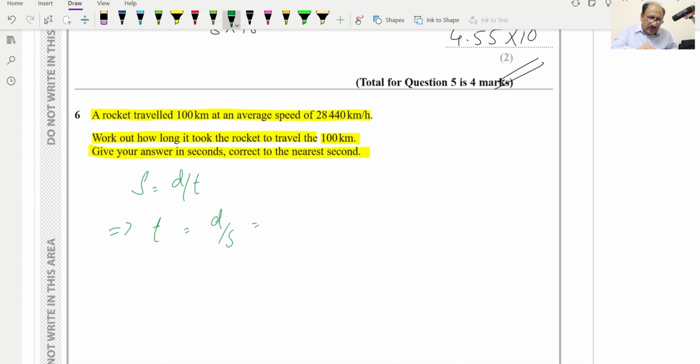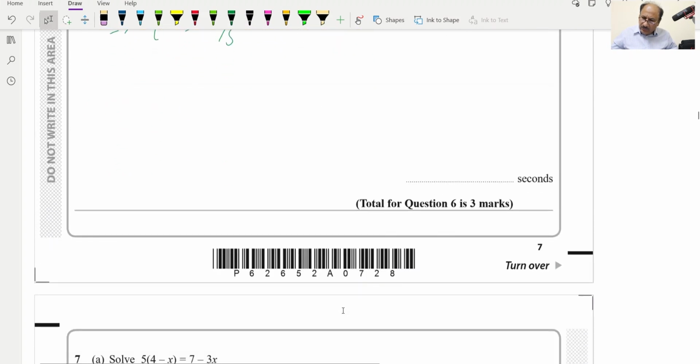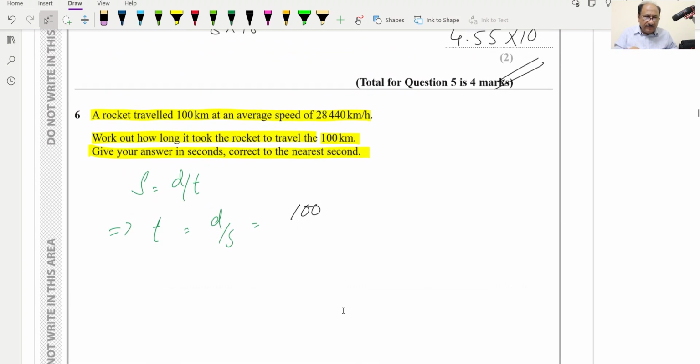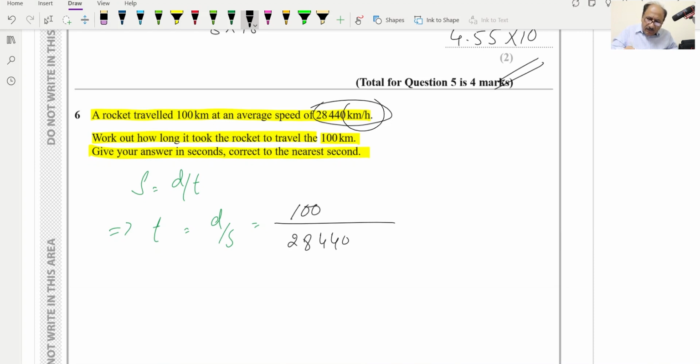Now distance we can write as 100 kilometers. We need the answer in seconds. So 100 kilometers we can keep as it is, and the average speed is 28,440 kilometers per hour.